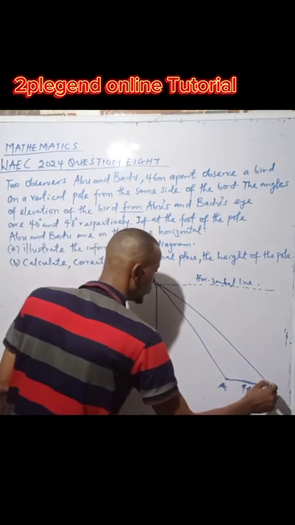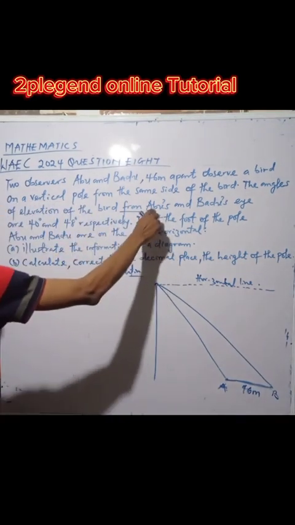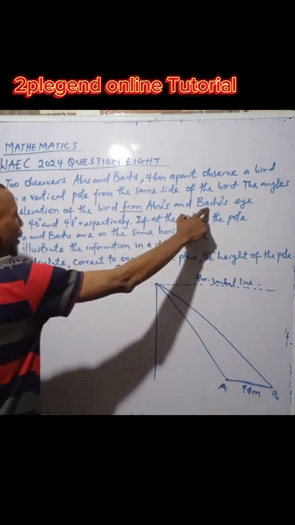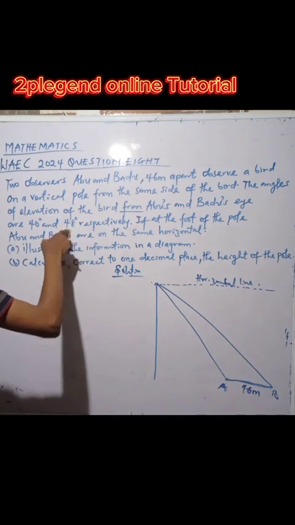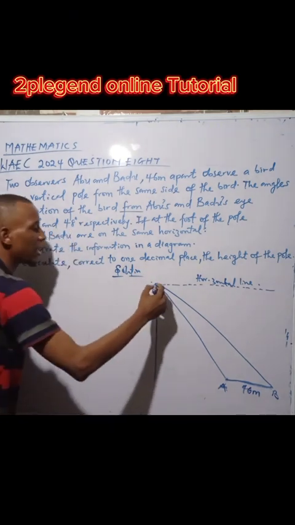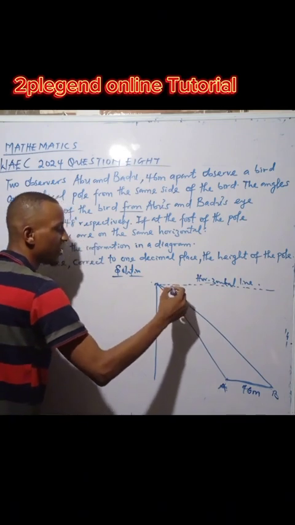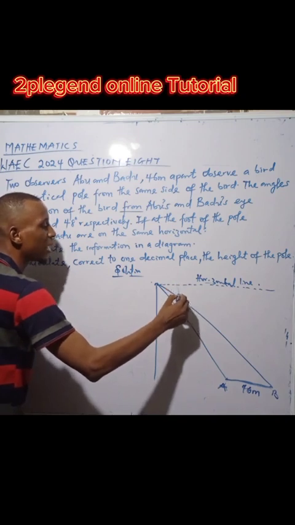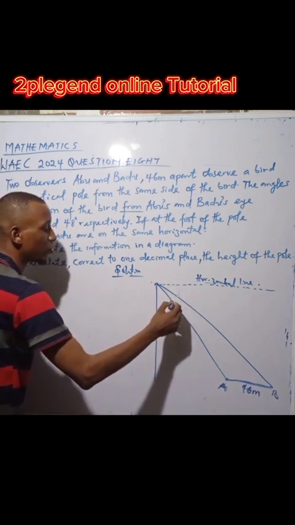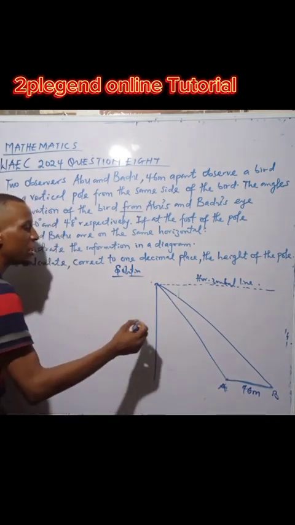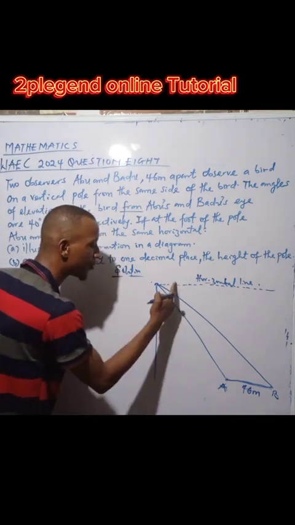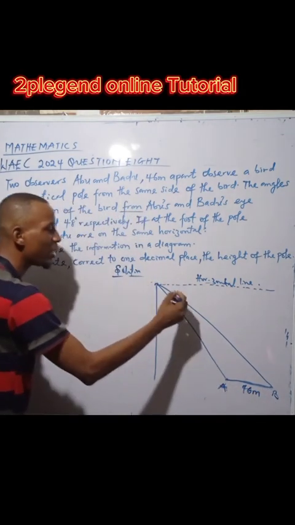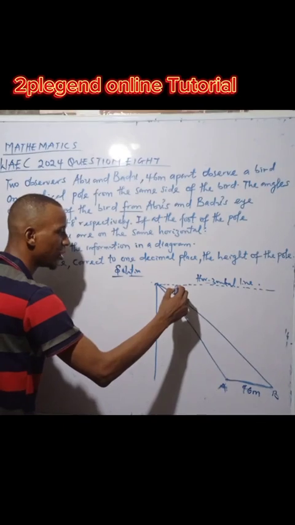Now, based on the arrangement, Abu is the one carrying the 40 and Badu is the one taking the 48 degrees. When you start from this place, this is regarded as your line 0. You are expected to get to 40 degrees before getting to 48 degrees. So if you placed Abu here when Badu is here, are you trying to tell us that this place here will be 48 degrees?